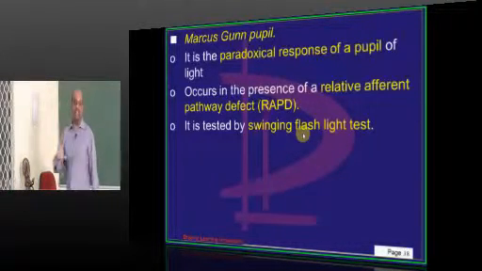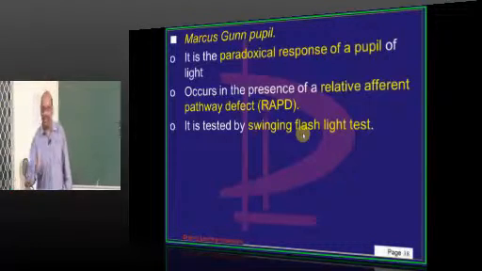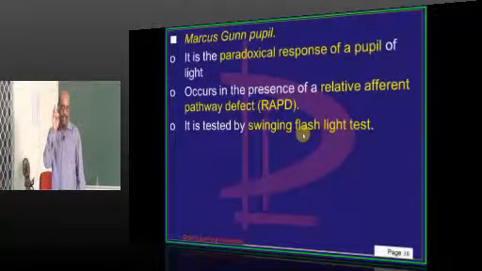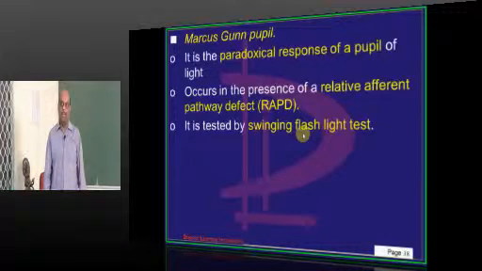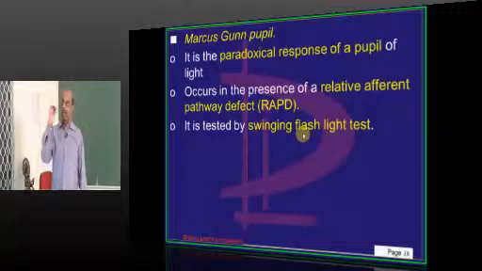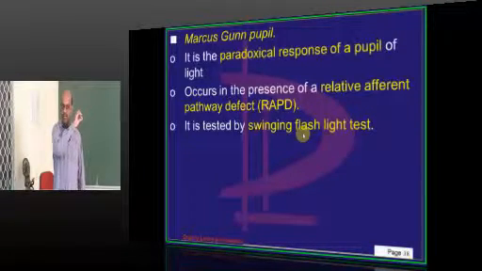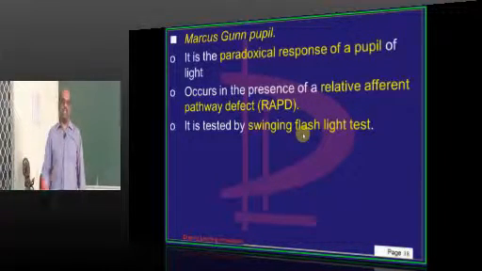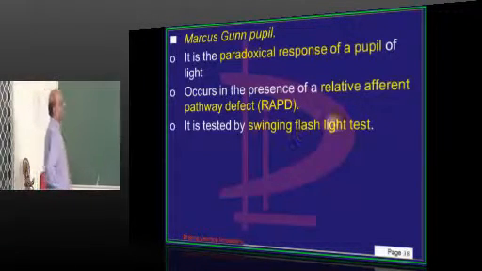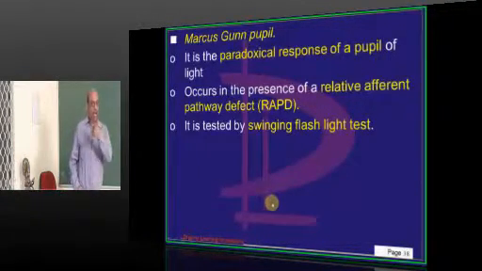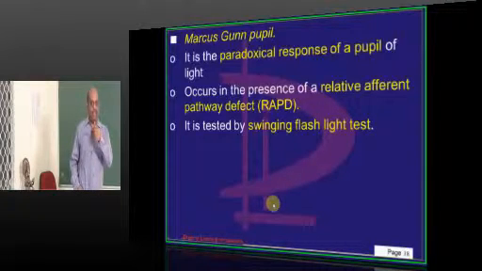If you throw the light, what did you expect? Pupil to constrict, right? But it won't constrict at that point. But when you are moving out, then lazily it is constricting. So that is the reason, if there is any relative afferent pupillary defect, it is called as Marcus Gunn pupil.